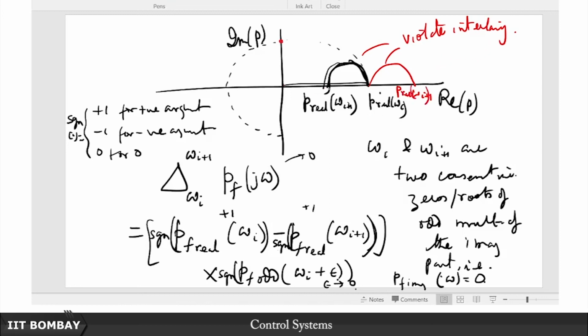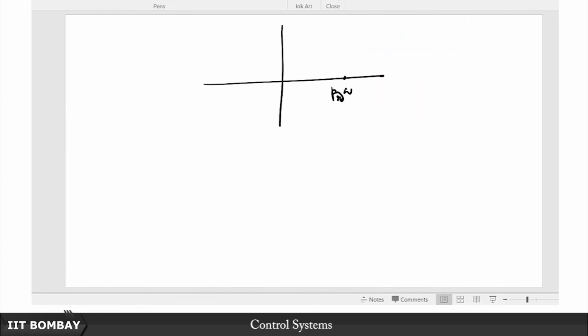So these are basically the real parts of the polynomial, not the real part of omega. Now notice, if this corresponds to my P real at omega i and this corresponds to my P real at omega i plus 1, then what happens?